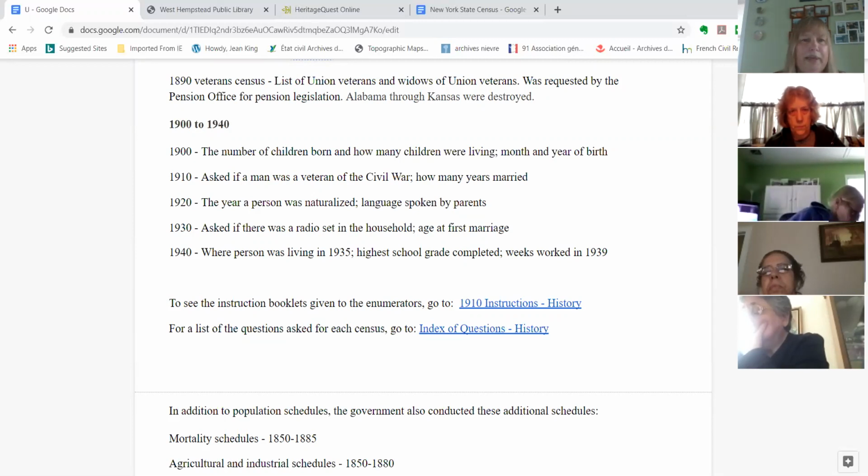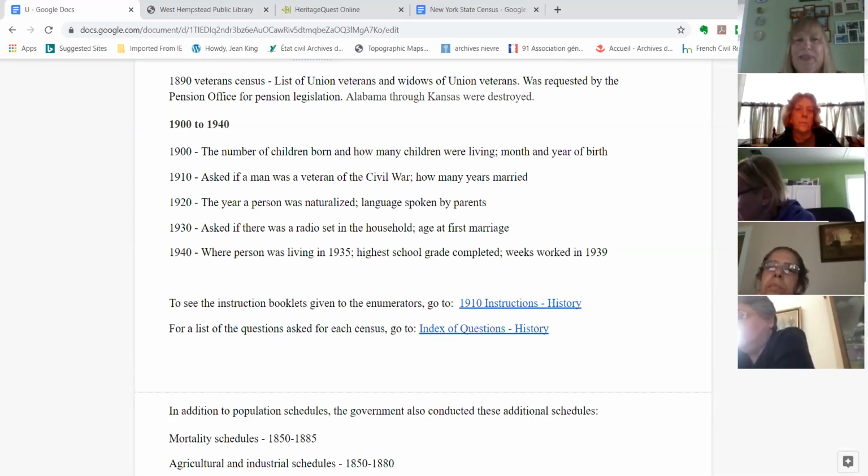And in 1920, you can find out the year a person was naturalized. And they also asked the language that was spoken by the person's parents. And for the naturalization years, sometimes they're correct and sometimes they're not.